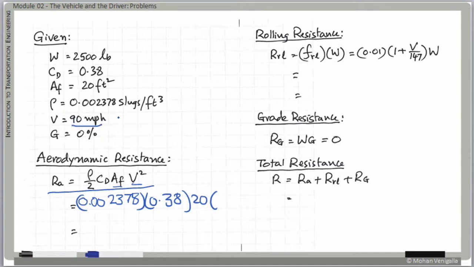The velocity is given to us in miles per hour. To convert miles per hour into feet per second, you have to note this here. Area is in feet, which is what we have, 20, and velocity is in miles per hour. Rho is also in cubic feet, so it's fair to convert everything into the same units, feet. 1.47 times the velocity in miles per hour gives you the speed in feet per second.